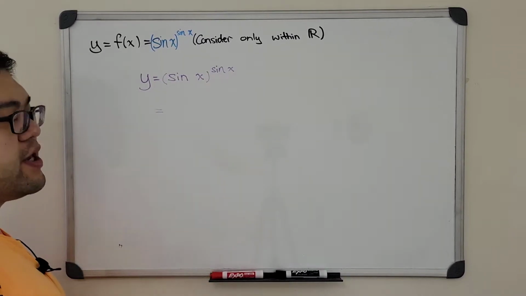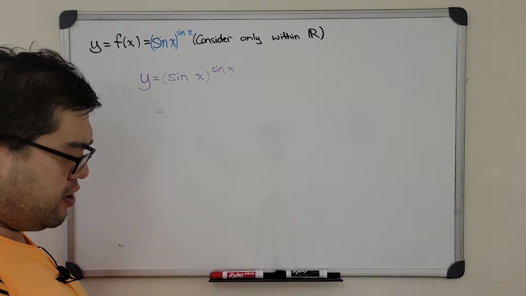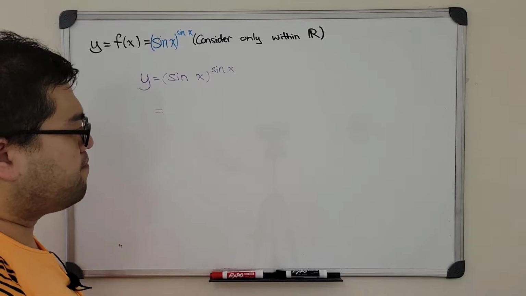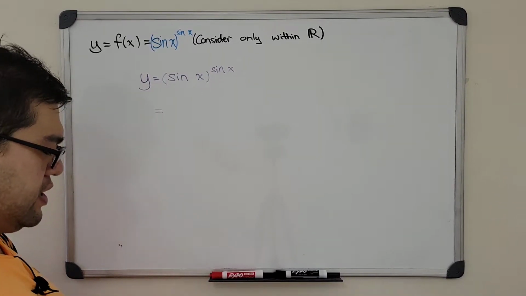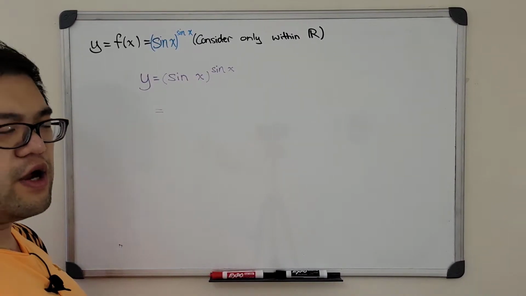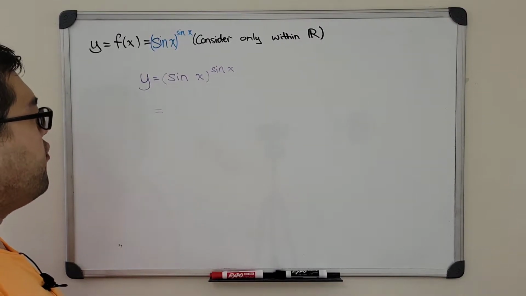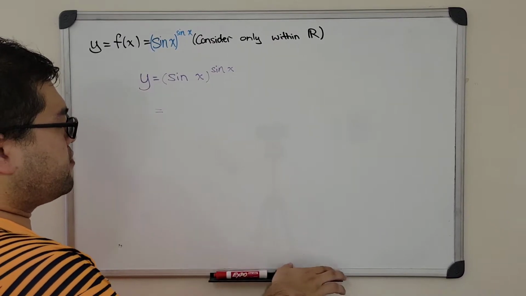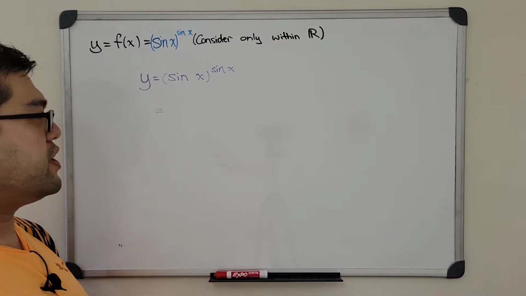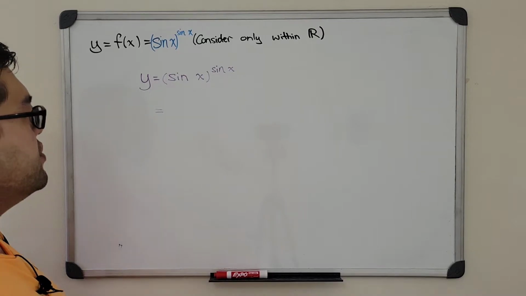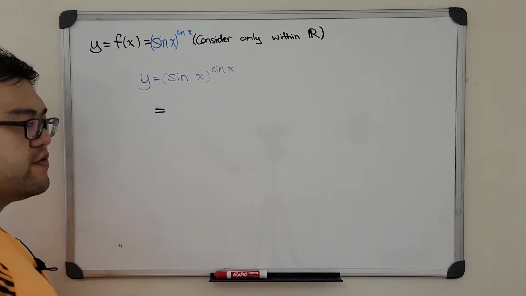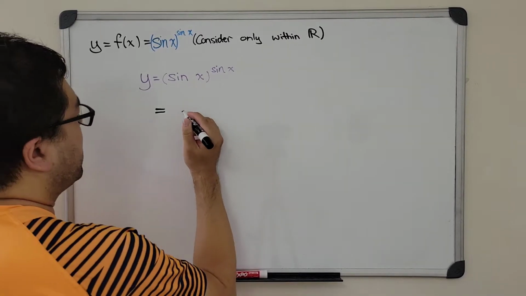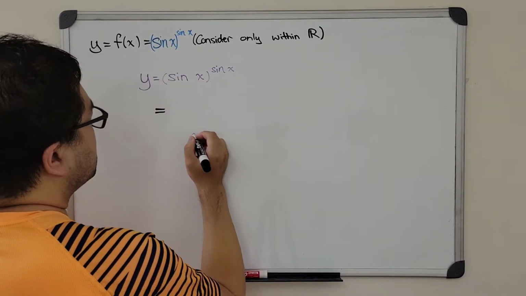We're going to rewrite it into some fixed base, such as base 10 or base e or base 2, however you want. Of course, because we already know how to take the derivative with e to some power, we're going to do it that way. So how do we write it?